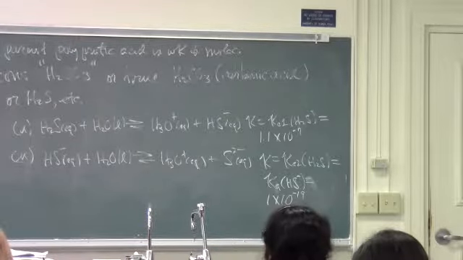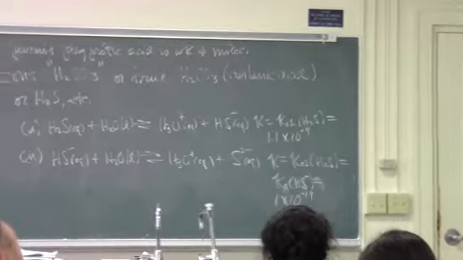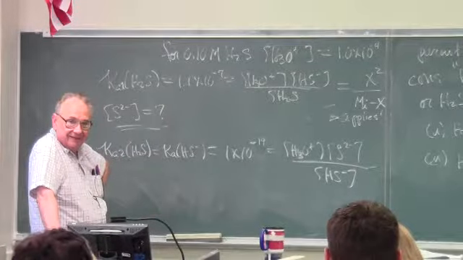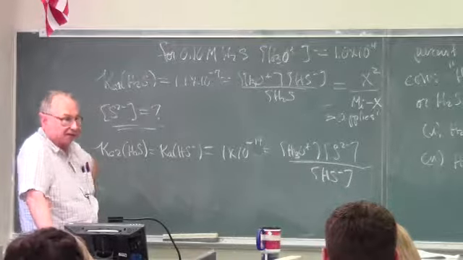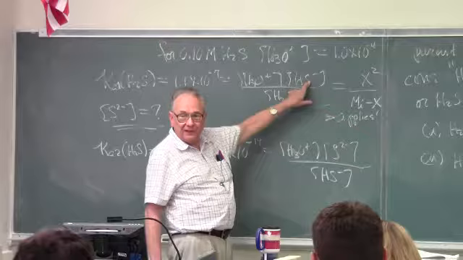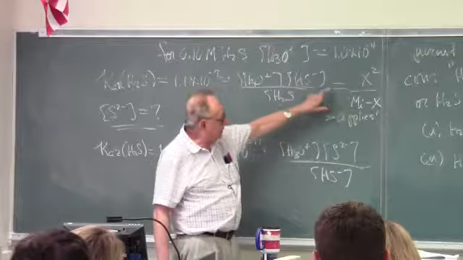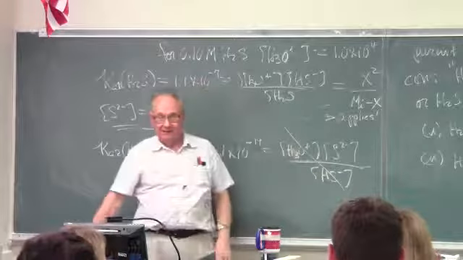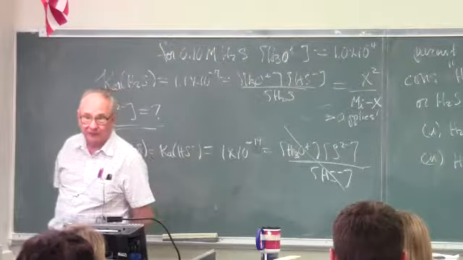What is it? 1 times 10 to the minus 19. How about that? There it is. If the second ionization doesn't go anyplace, hydronium ion molarity and HS minus molarity must be equal, which is why this applies. Well, if these molarities are equal, then there's the sulfide ion molarity. Done.